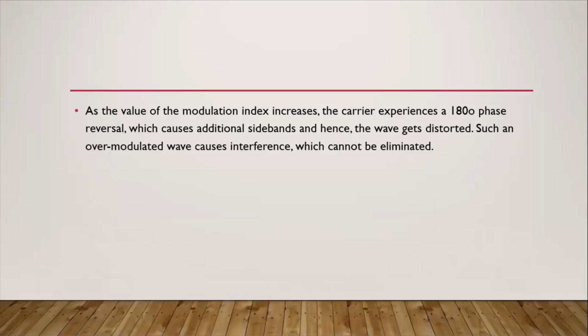Why do we need to know if the modulation index is overmodulated or undermodulated? As the value of the modulation index increases, the carrier experiences a 180-degree phase reversal, which causes additional sidebands, and hence the wave gets distorted.